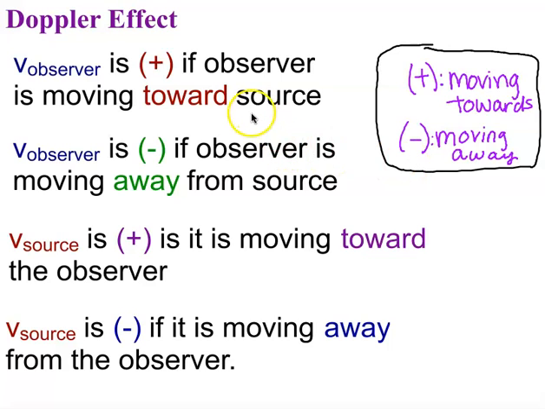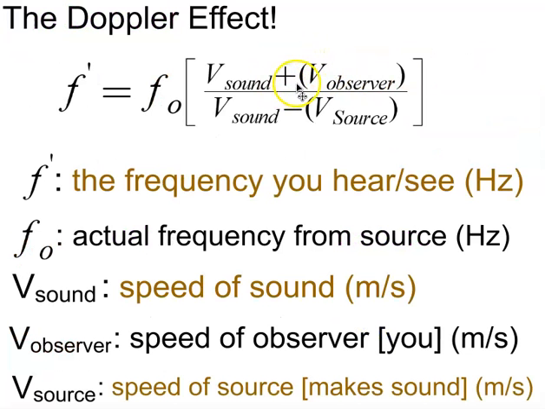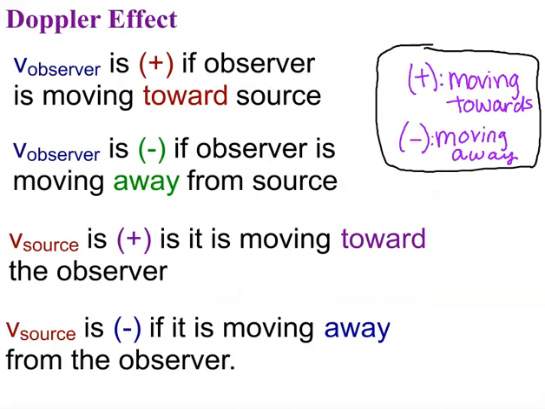So again, if the observer is moving toward the source, make that velocity value positive. If they're moving away from the source, then their value should be negative. So you could end up with a minus sign in the top if the observer is moving away from the source of the sound, because this value would be negative. And when you add a negative, it's the same thing as subtracting.